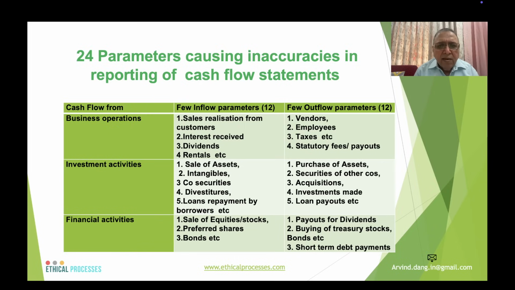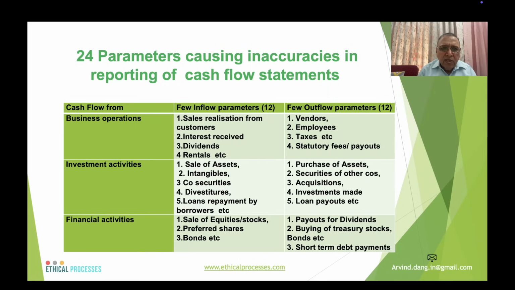Now, this is a table which has three columns. Column number 1 is cash from which activity, 2 is inflow parameters, and column 3 is outflow parameters. There are 12 inflow parameters and 12 outflow parameters. So let's start with the cash flow from the business operations.